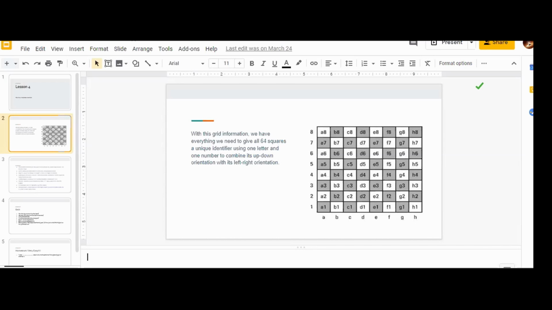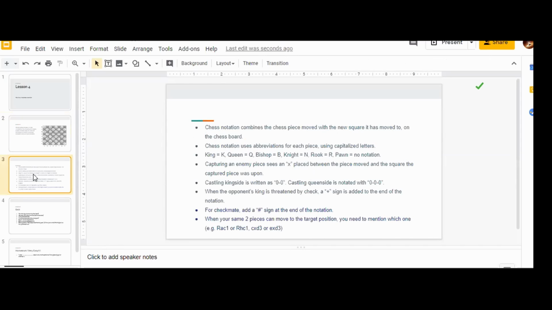N, X, F5, like that. So the knight is on F5, which is killing the pawn. Yeah, do you understand?